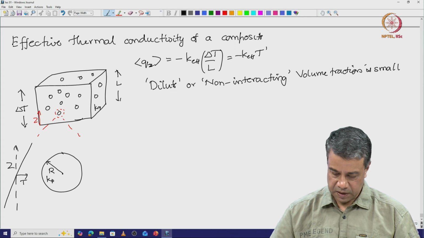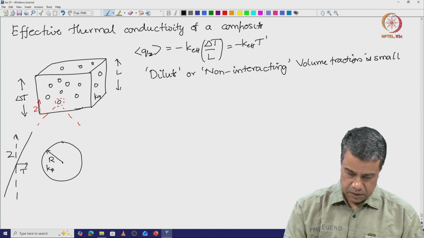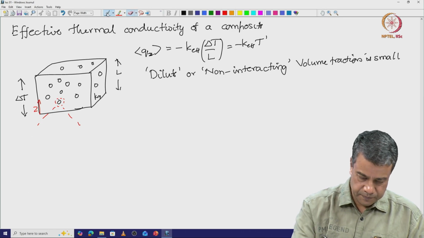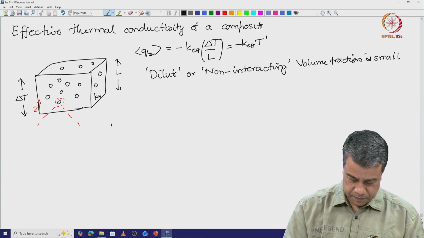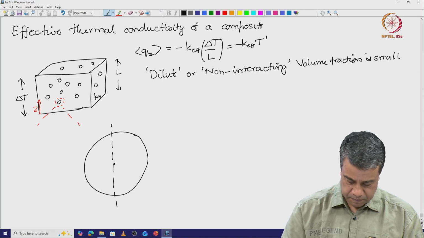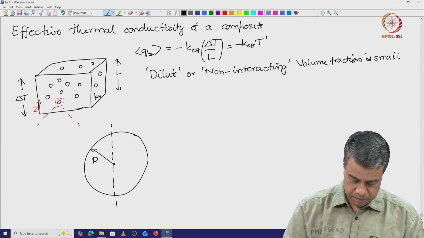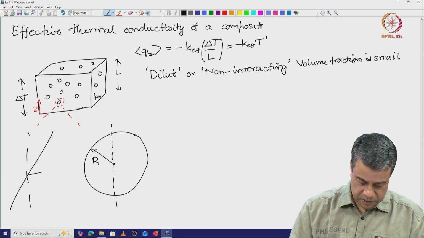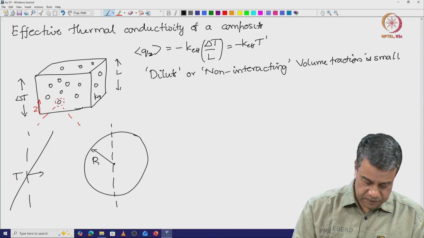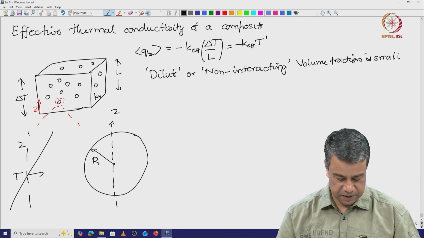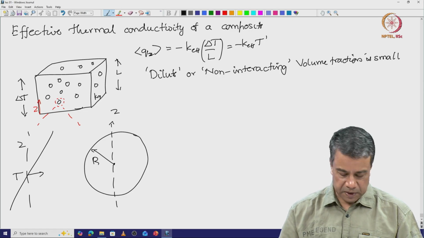Let me expand this a little bit, and far from the particle you have a linear temperature field. This is temperature as a function of this distance z. This is the z axis, temperature as a function of this distance z. Far from the particle it is a linear function.